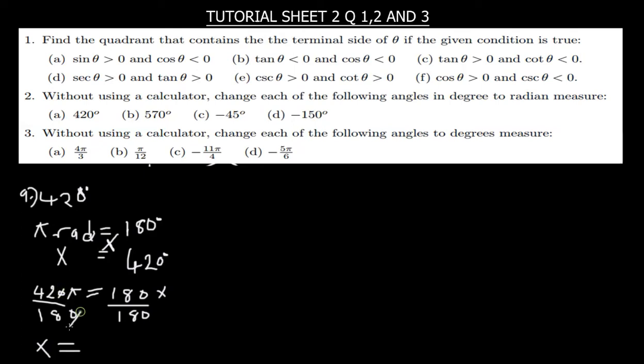You cancel that 0 and that 0, so you remain with 42 over 18. So when you divide 42 by 18, you get your answer in fraction form to be 7 over 3. So this is going to be 7/3 pi in radians.